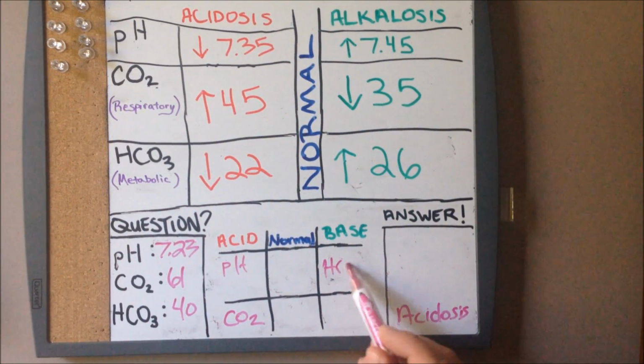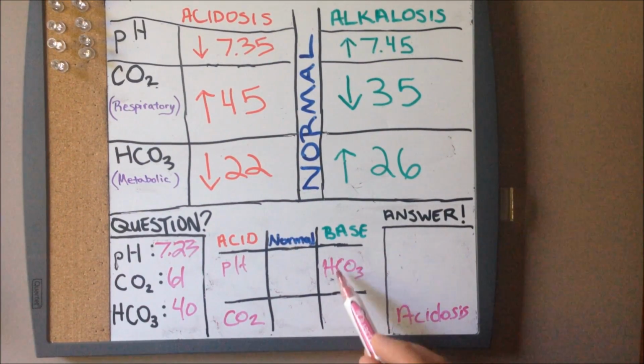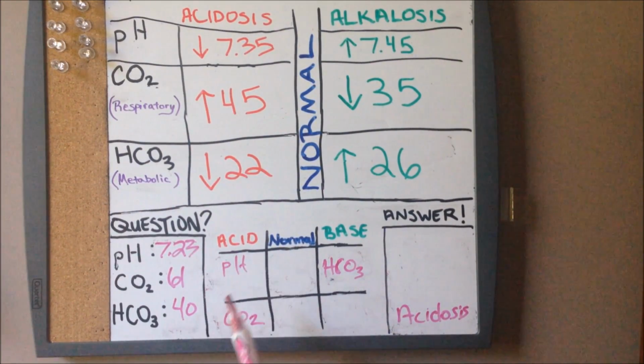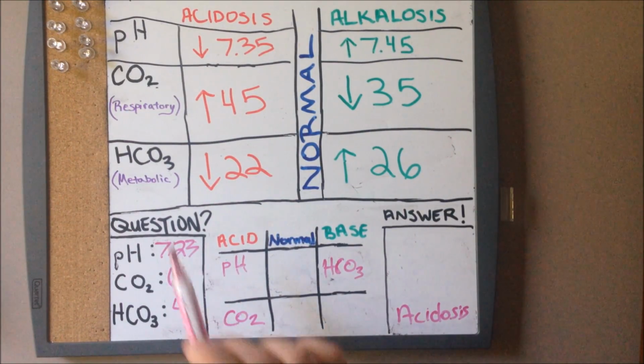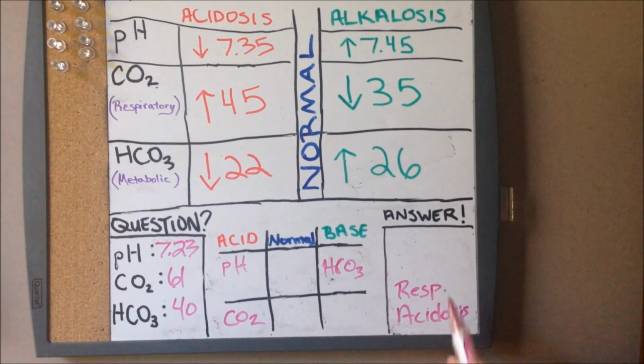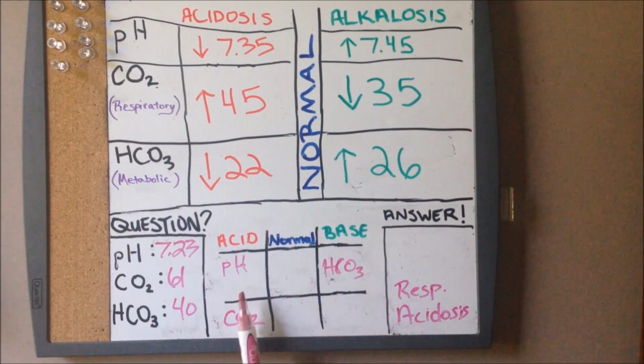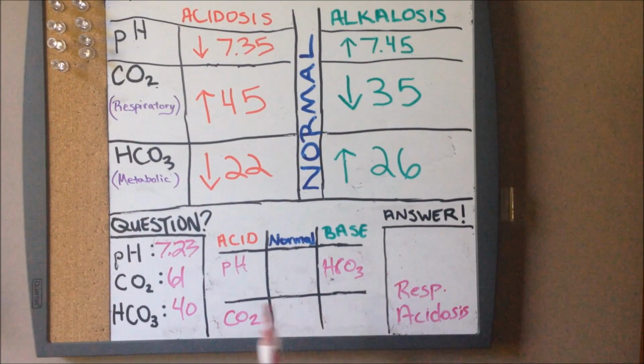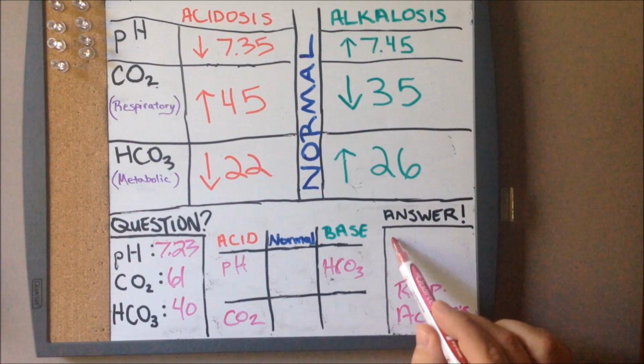So let's write HCO3 over here in our basic column. CO2 is in the same column as pH, therefore CO2 is the cause of our pH problem, making it a respiratory issue, respiratory acidosis. HCO3 is on the other side of our pH and our causative problem, so we know already that it's partially compensated.